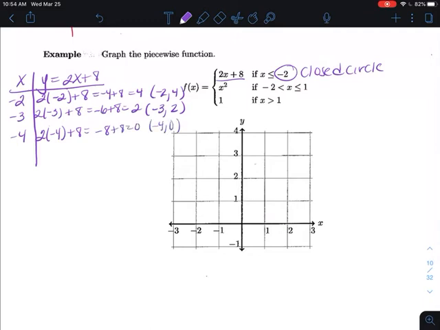So that would be the point negative 4, 0. So starting off with that first point, negative 2, 4. So negative 2, 4 will have a closed circle. Negative 3, 2. All right, and we don't have enough points to do negative 4, 0. I guess it would be here. So it looks like this is a line. It would keep going.